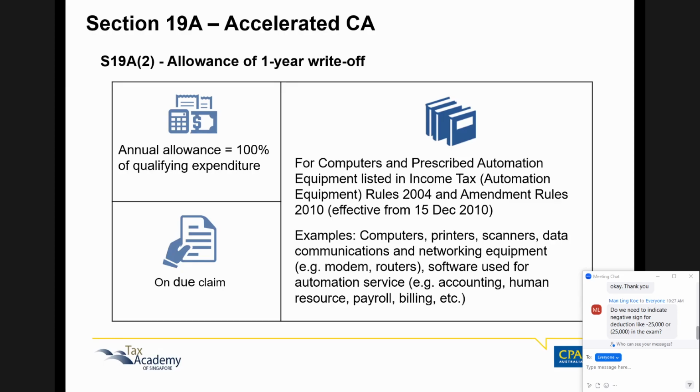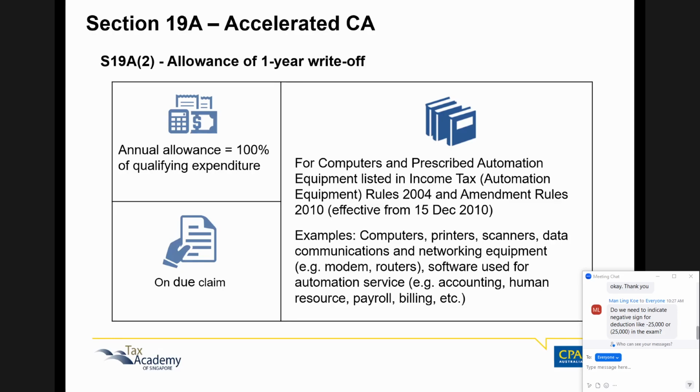You may also ask, for example, in a normal case, if it's not an exam that requires you to quickly claim your CA. In a normal case, when it comes to computers, the fastest to claim is 100%, but the company can also choose to claim the 1/3 or the 75%, it's okay. I just want to highlight that it's not to say anything that's a computer you must claim under the 100%.